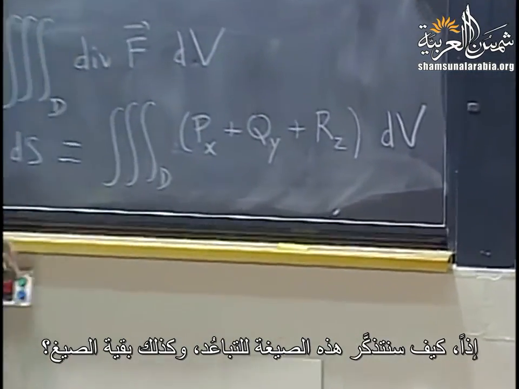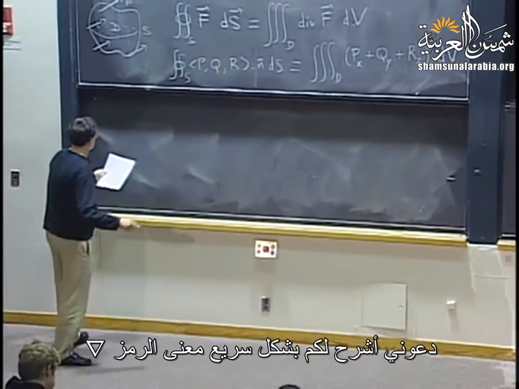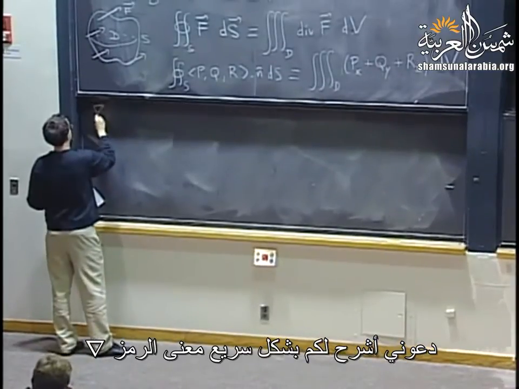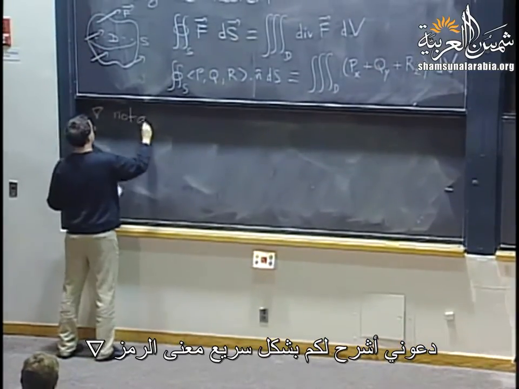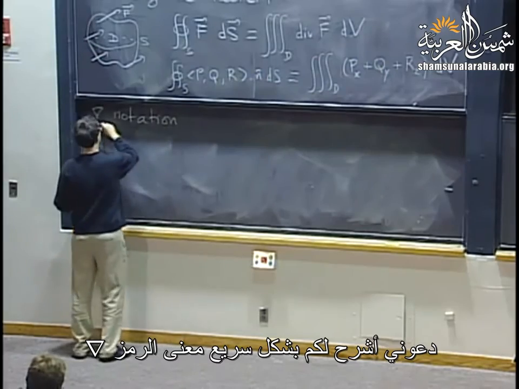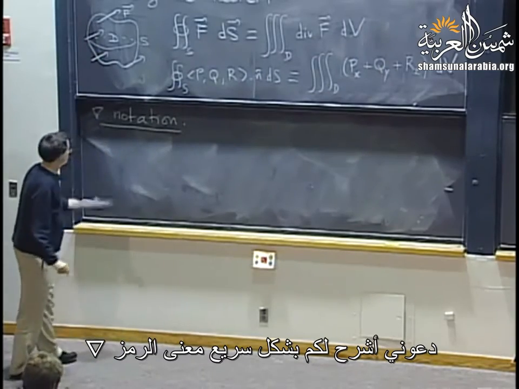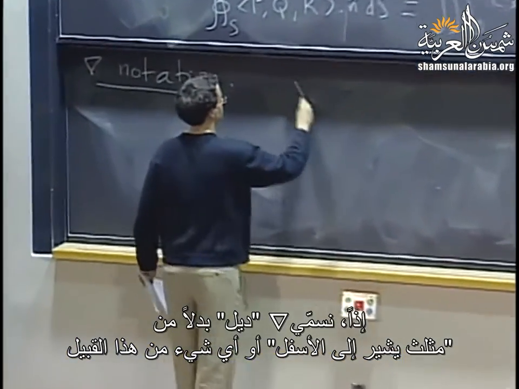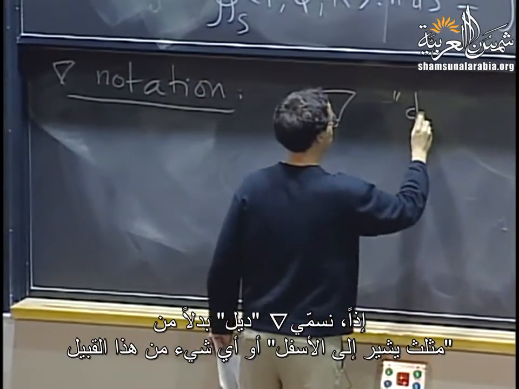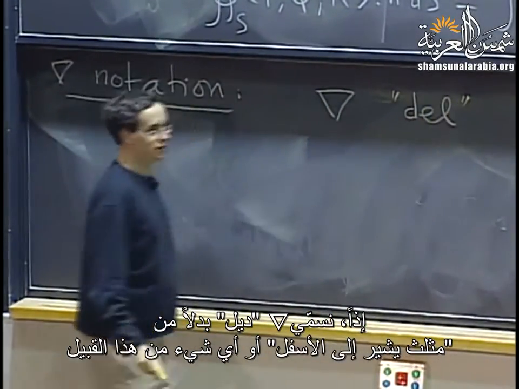By the way, how to remember this formula for divergence and other formulas as well. Let me tell you quickly about the del notation. This symbol is usually pronounced as del, rather than as a pointed triangle going downwards.